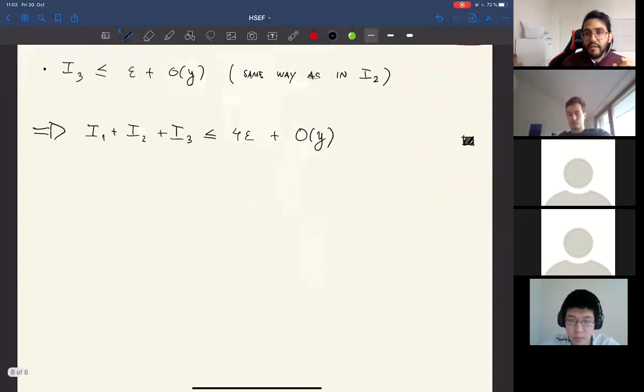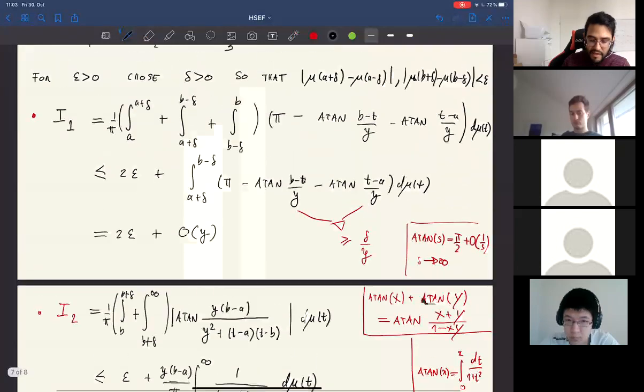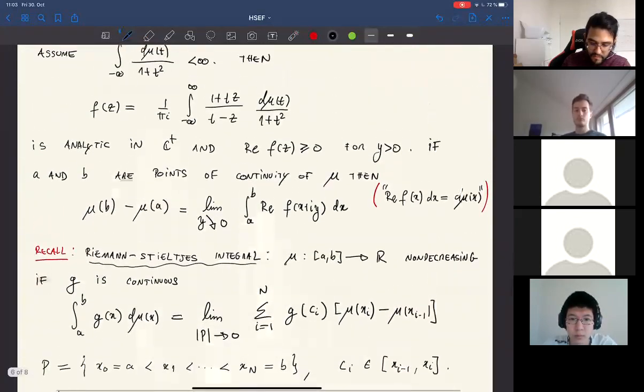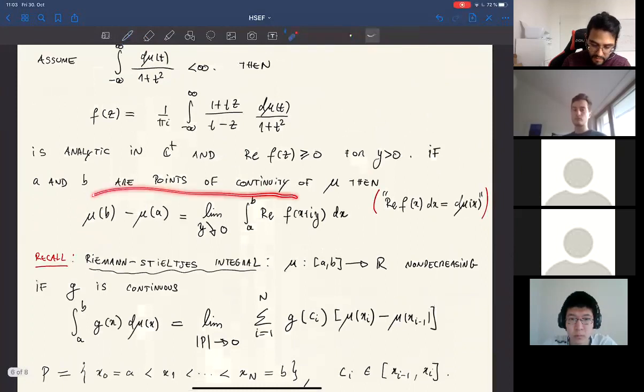We just showed that we start with a measure and then we can extend this measure to an analytic function in the upper half plane whose real part is non-negative, and whose real part, when you go back to the real line, coincides with this given measure in this way here.